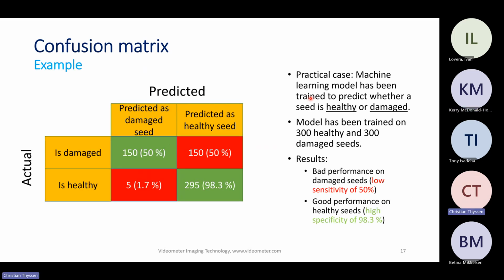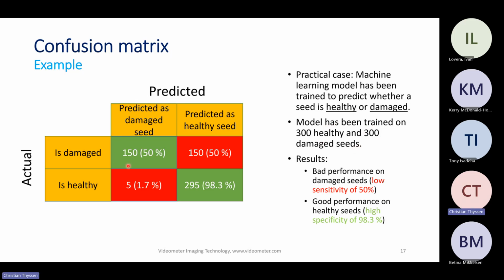So here is a practical example. Consider the case where we are trying to train a machine learning model to predict whether a seed is healthy or damaged. We will consider the damaged class as the positive and the healthy as negative, and consider the case where we have 300 healthy and 300 damaged seeds.